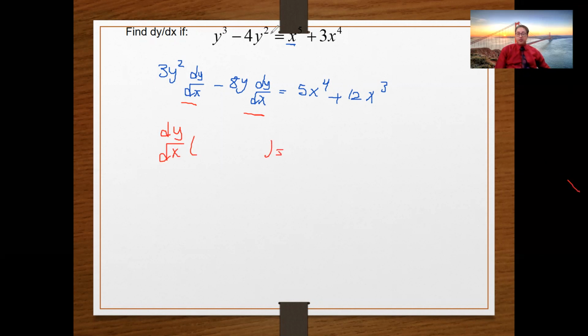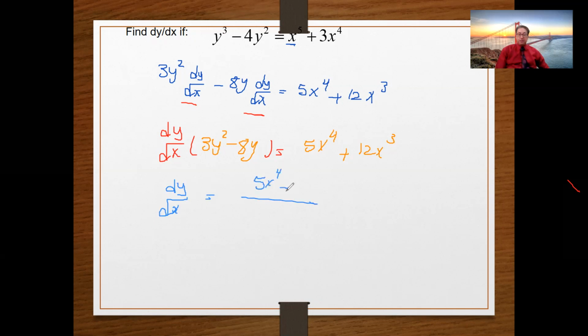So we have finished our work, but now we're just going to make it stylish, nothing more. Here is 5x^4 plus 12x^3. Dy over dx individually equals 5x^4 plus 12x^3 over 3y squared minus 8y.